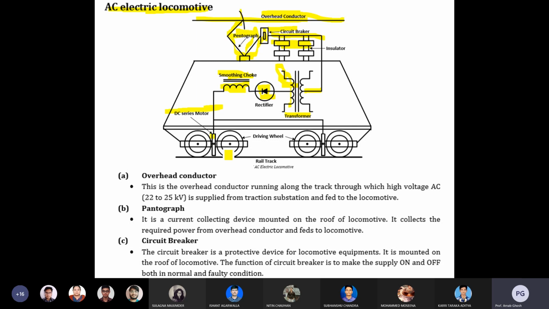Two wheel pairs means two traction motors will be there. For each wheel pair, one traction motor. One is dedicated to the first wheel pair, and another is totally dedicated to the second.